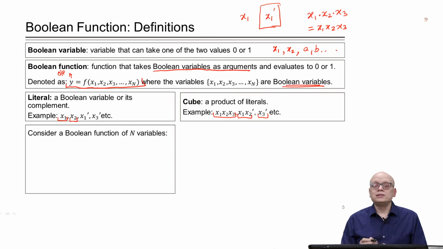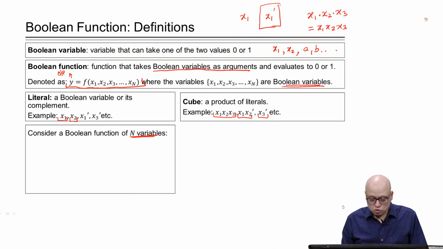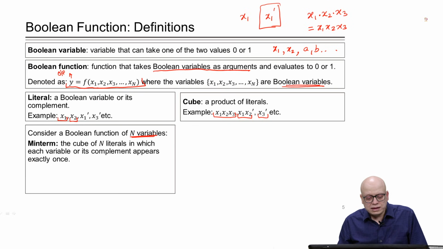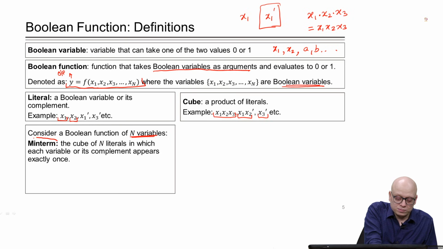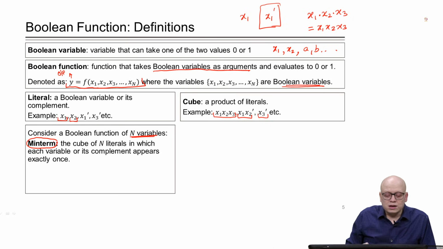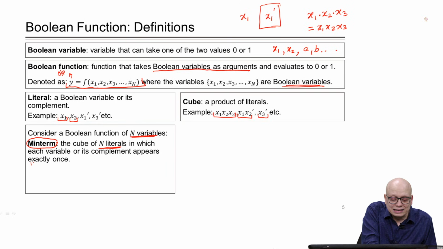Now, let us consider a Boolean function of n variables, where n is a number. For a Boolean function of n variables, we can define a minterm. Now, what is a minterm? A minterm is a cube of n literals in which each variable or its complement appears exactly once.